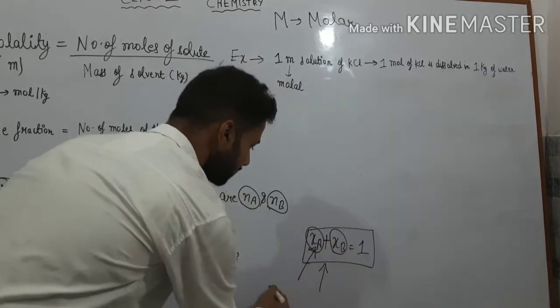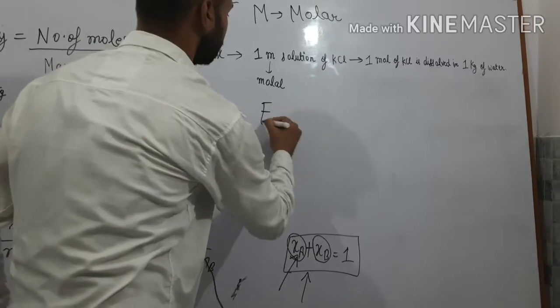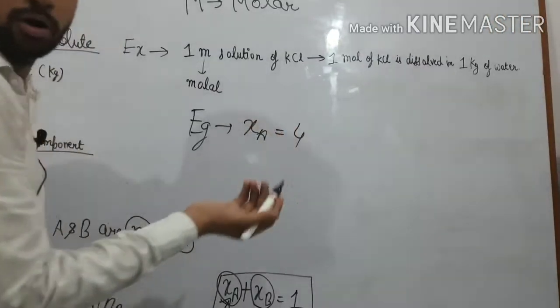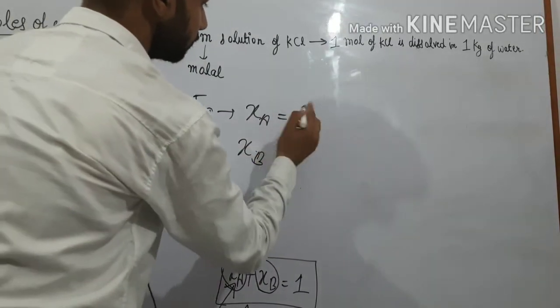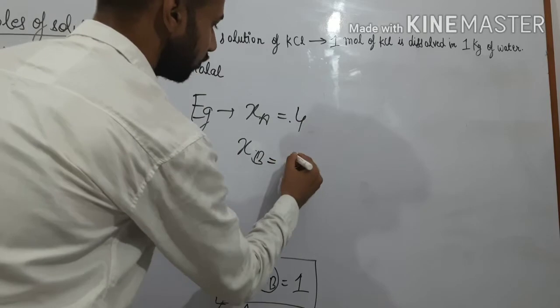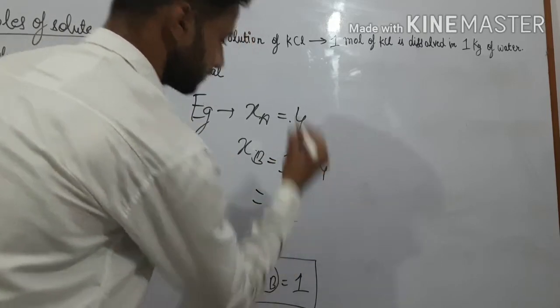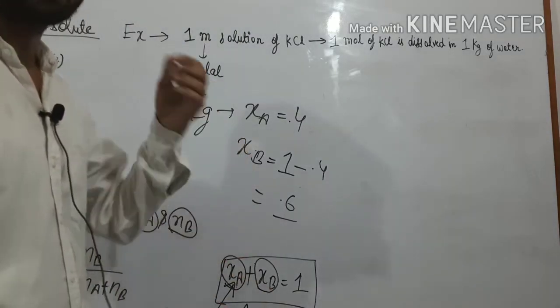For example, if we get the mole fraction of A as 0.4, then the mole fraction of B is 1 minus 0.4, that is 0.6. In this way we will find the concentration terms.